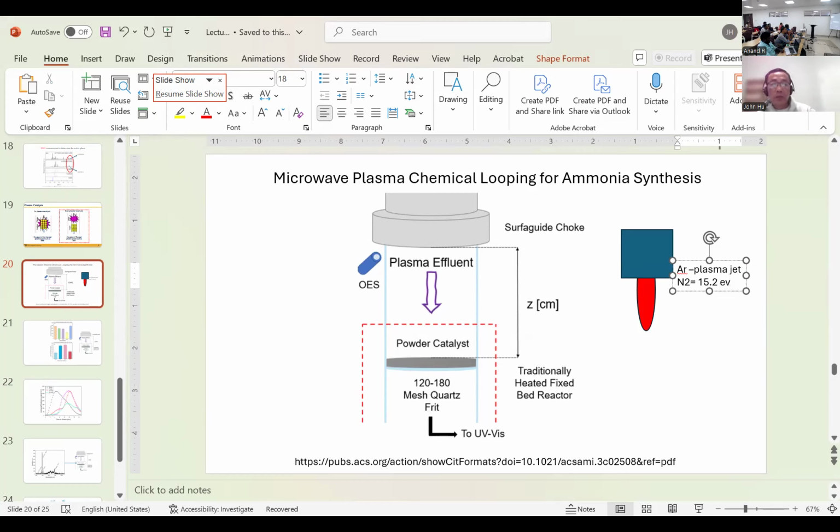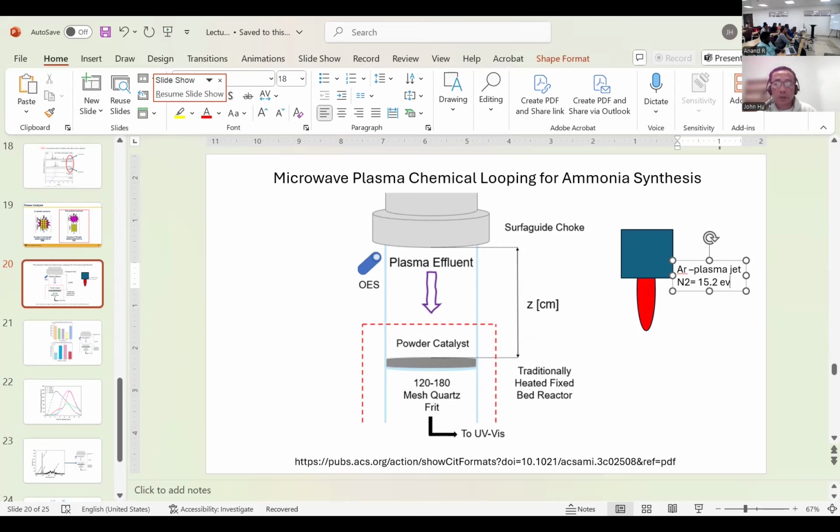So if you kick out one electron directly from nitrogen, you need to spend 15.2 eV of energy to activate one nitrogen molecule. But if you have argon, you don't have to, because all those argon species basically heat N2. You don't have to spend that much energy, because the whole idea is you just need to kick out an electron to make it ionized.